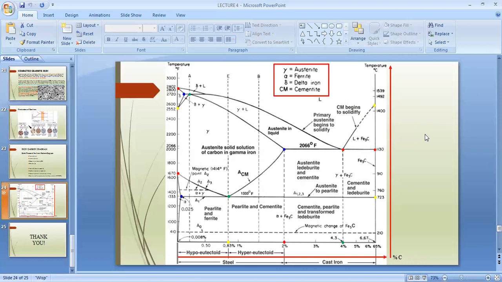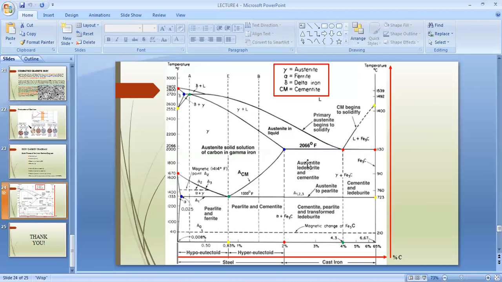As the percentage of carbon increases, the iron becomes more and more brittle and has a low melting point, so it's good for casting purposes. But before that, in the form of steel, it is good for machining purposes.